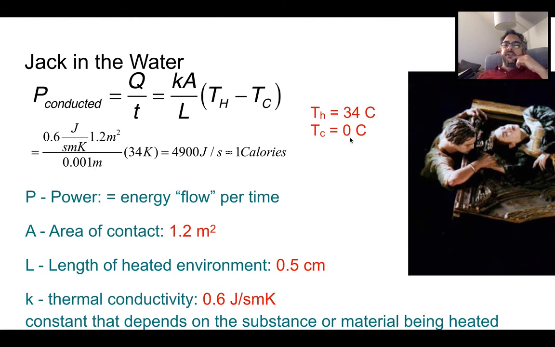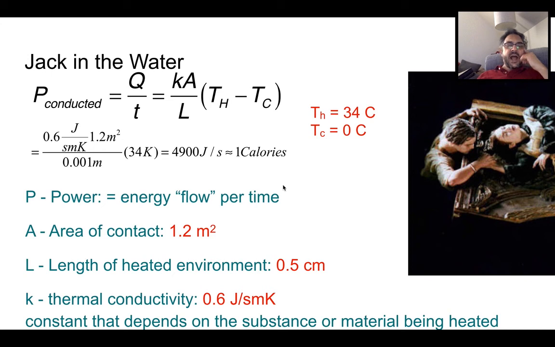And we're going to take the temperature difference to be about 34 degrees at his skin, which is a little low, but not bad, to 0 degrees in the freezing water. So 34 degrees Kelvin as a temperature difference. And you get that he's losing about 5,000 joules per second, which when you do the conversion is about 1 kilocalorie.